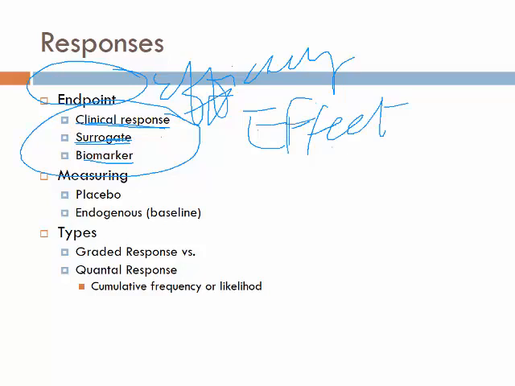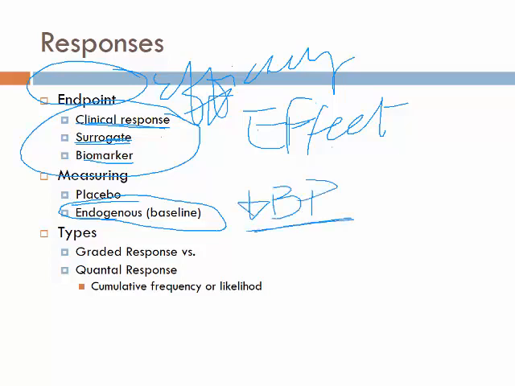We are measuring sometimes against a placebo. We also may have to separate out any endogenous effects. So, for example, when we're lowering blood pressure, we're going to need to think about other things that could be changing the blood pressure that might be in addition or working against a drug.